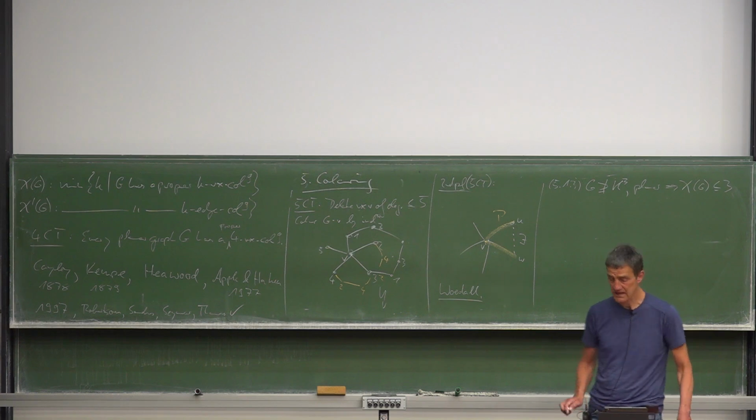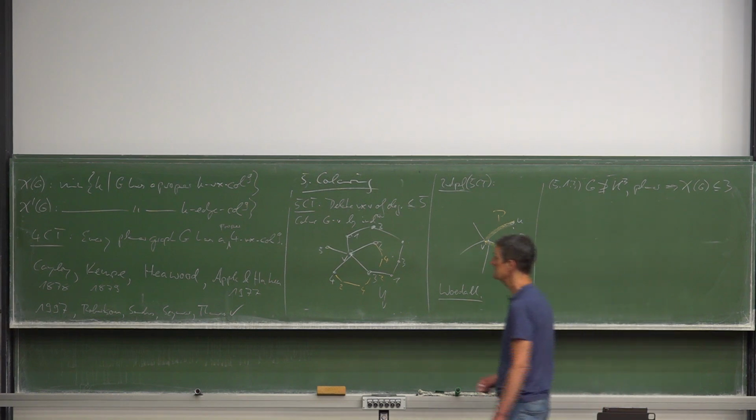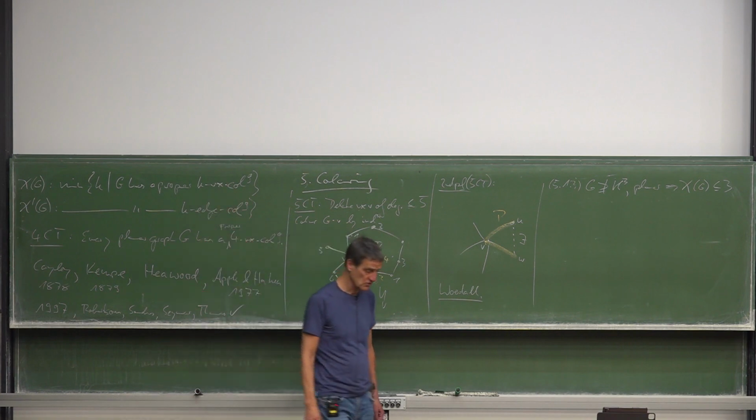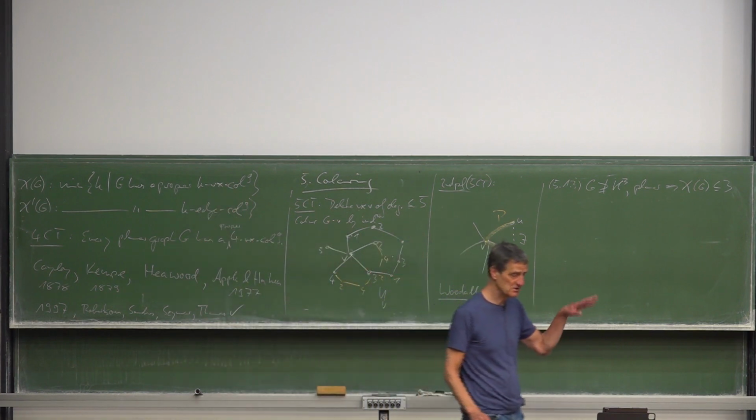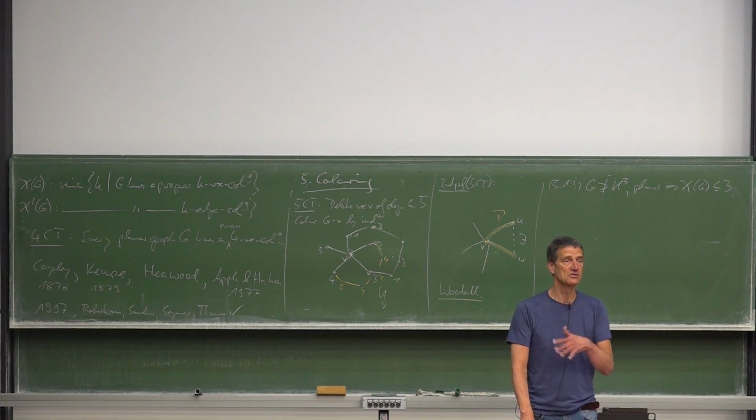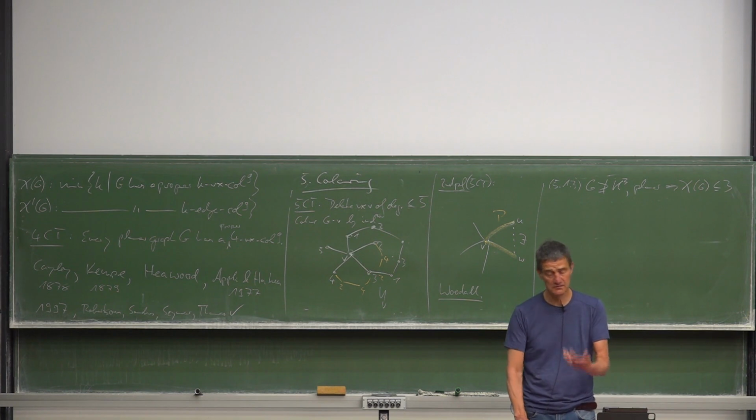Right, so let's consider the second of our two topics. The first was to come up with algorithms that actually do find a good vertex or edge coloring for a given graph.